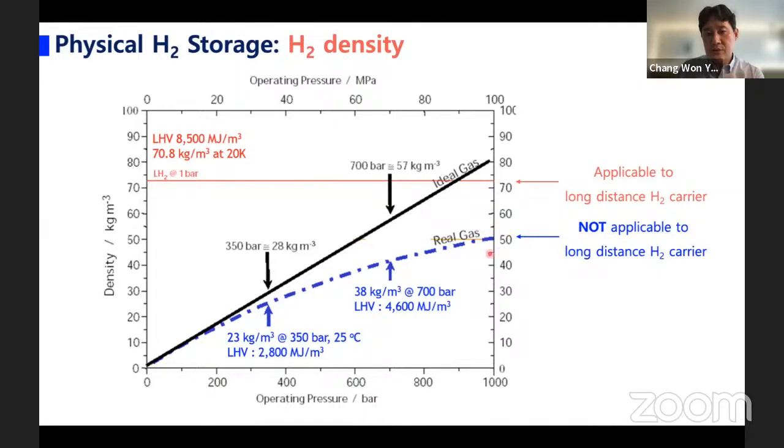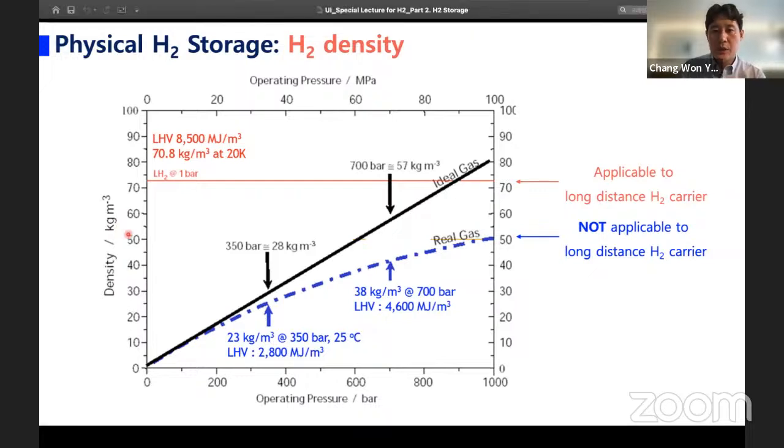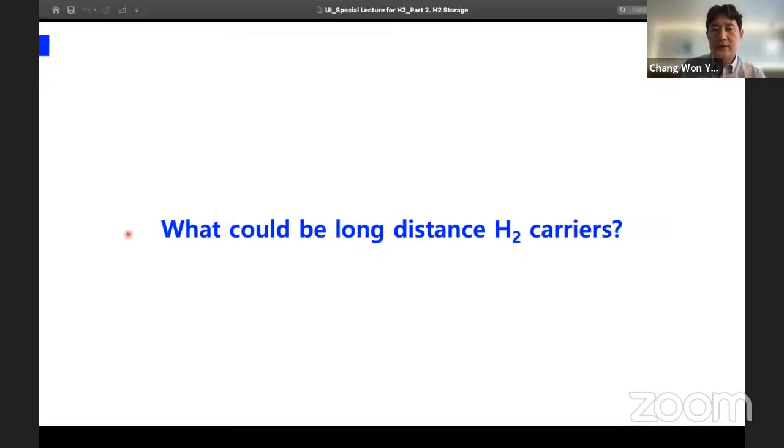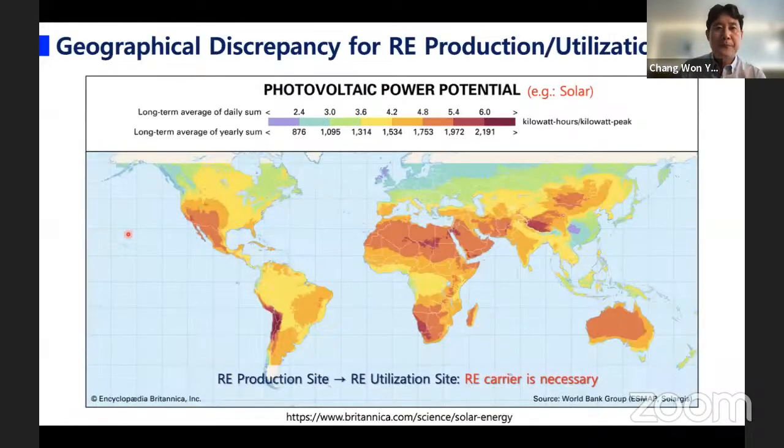So this is good for a short distance, but not applicable for a long distance hydrogen carrier because it provides a very low volumetric hydrogen storage density. That's the problem. So what could then be a long distance hydrogen carrier? Why is that so important? Okay, let me talk a little bit about this.